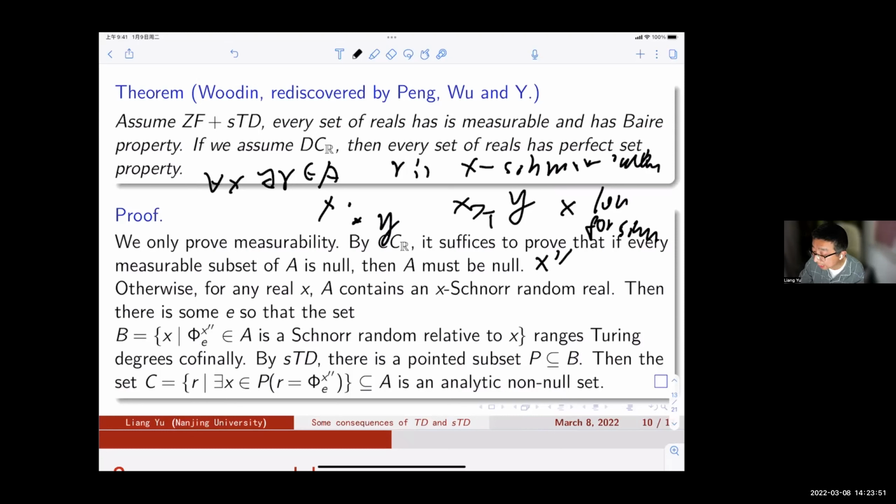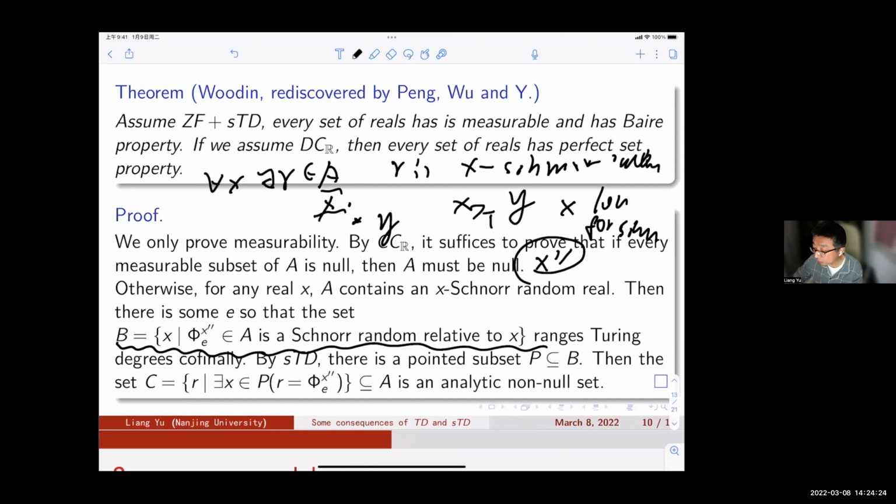Because A is not null, so there must be a y Schnorr random real R belonging to A. And the double jump of low for Schnorr random reals can be arbitrarily high. So there must be some x such that x double jump computes y Schnorr random and also belongs to A. So this set ranges over Turing degrees cofinally by CCR.